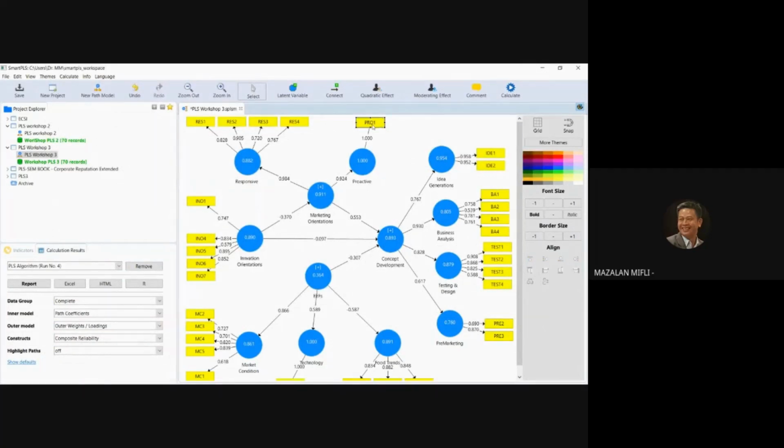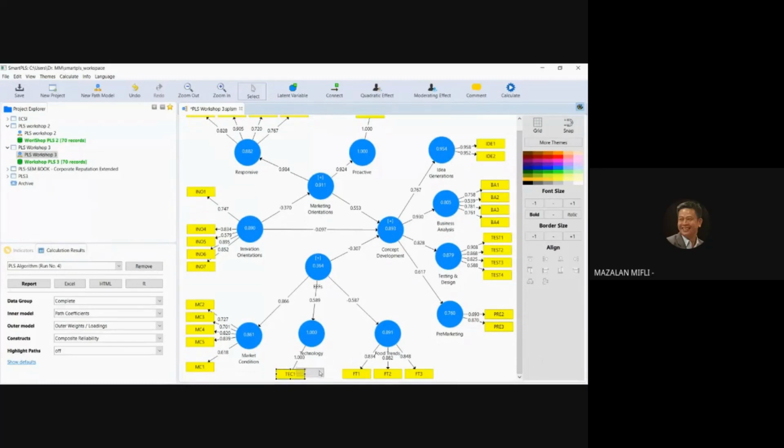So any one of you, like I share this with my PhD students, to ensure that you don't just have one indicator left. If you have one indicator left, it's not to say that you can't, but it doesn't sound like you're well prepared, meaning there's something wrong with your data, that it turned out to have only one left.